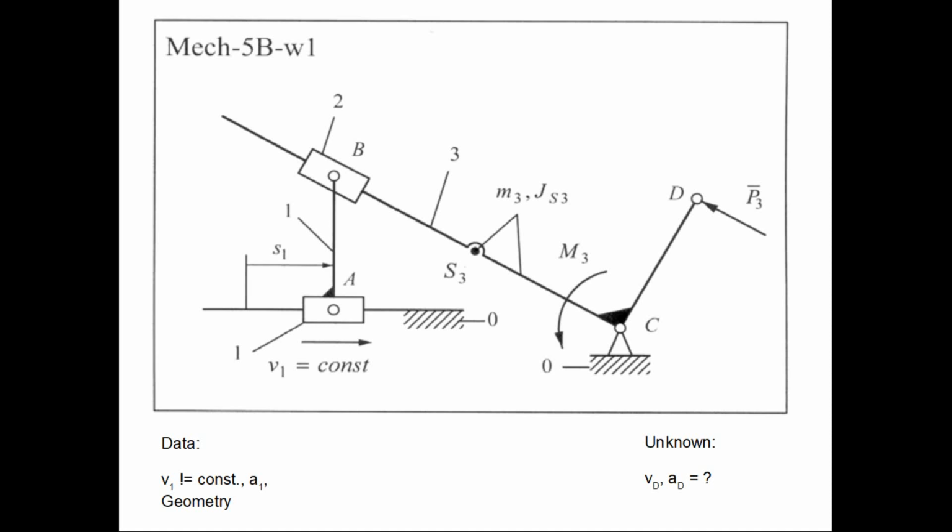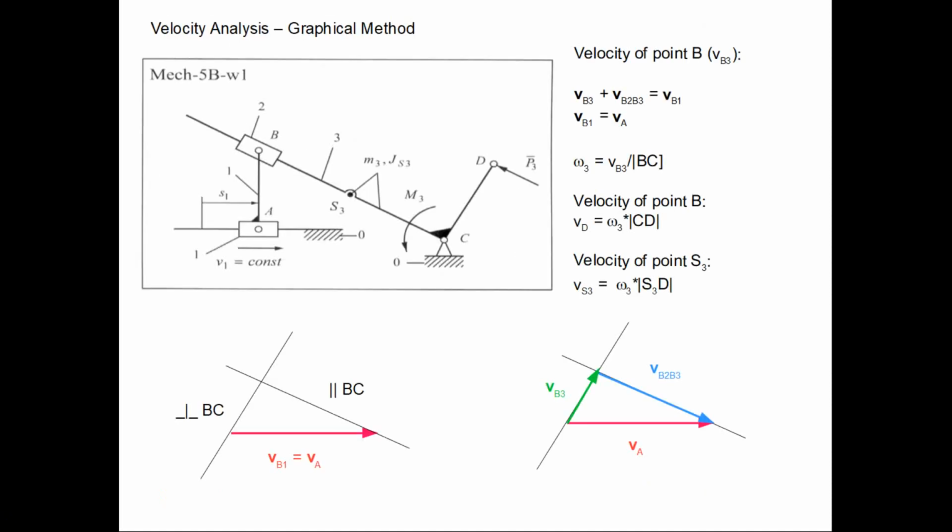But let's go to the graphical method of velocity and acceleration analysis. Okay, so here we have our first task. We need to compute the velocity of point D. We cannot start with point D because there is not enough data, but we should start with points whose velocities are known to us.